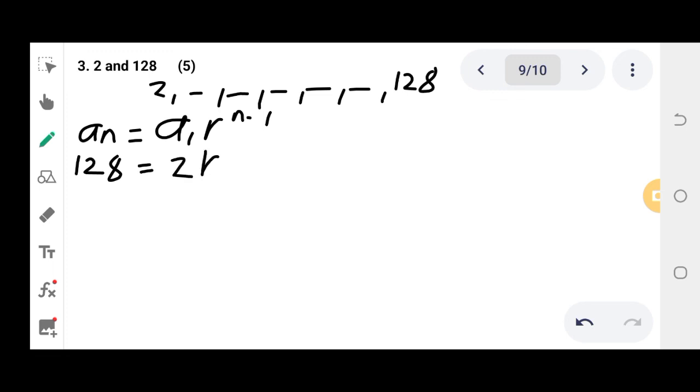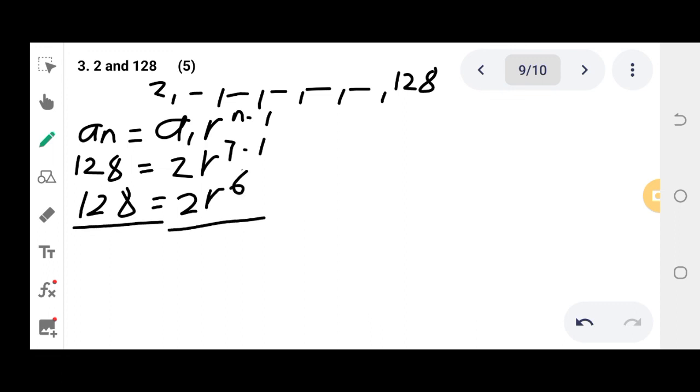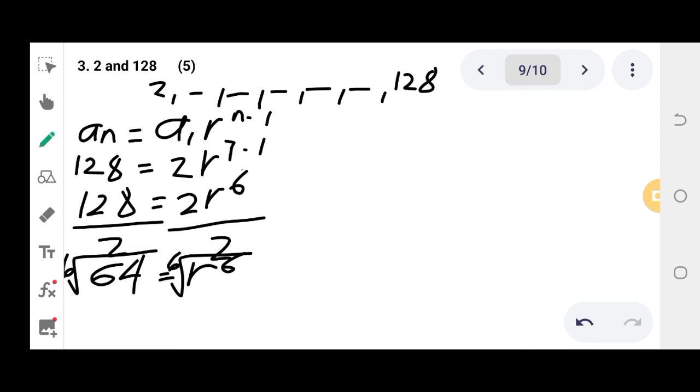Common ratio, number of terms ay 7 minus 1. 128 is equals to 2 times r raised to 6. Eliminate po ang 2. We have 64 is equals to r raised to 6. So, getting the sixth root, yung r po natin is equals to 2.